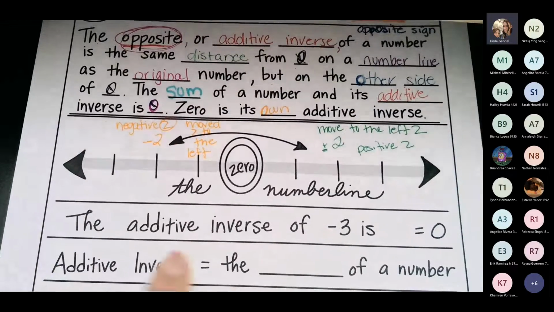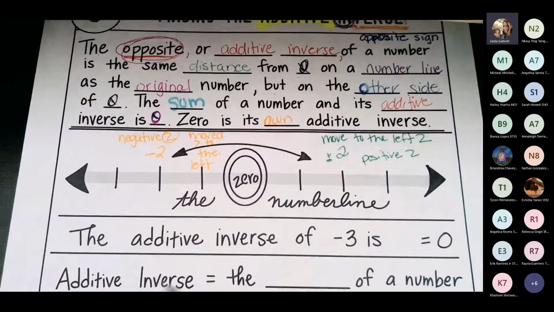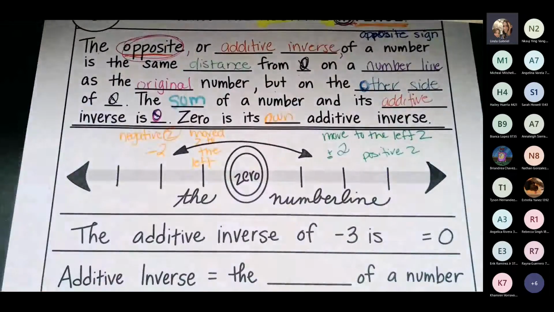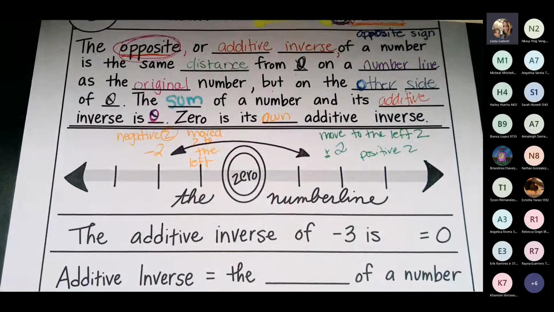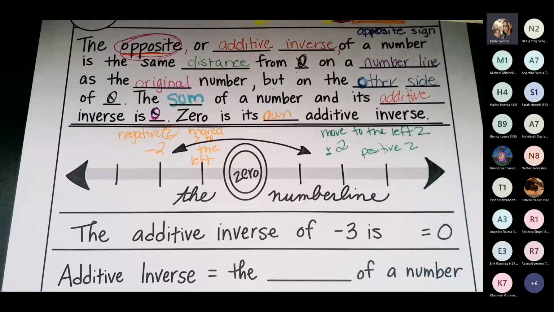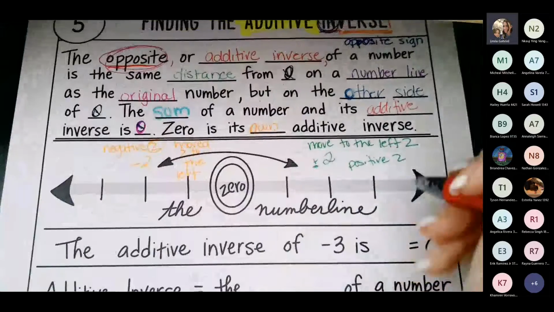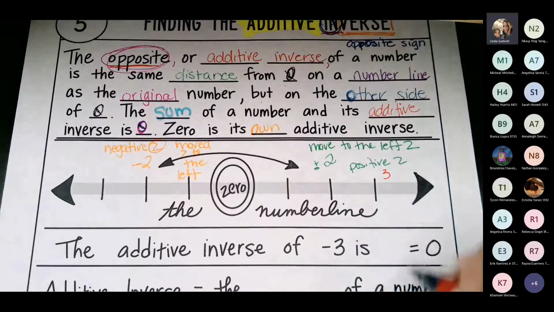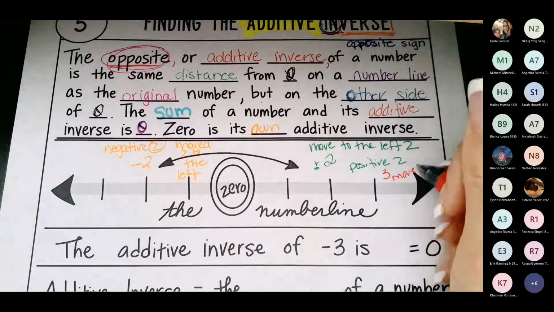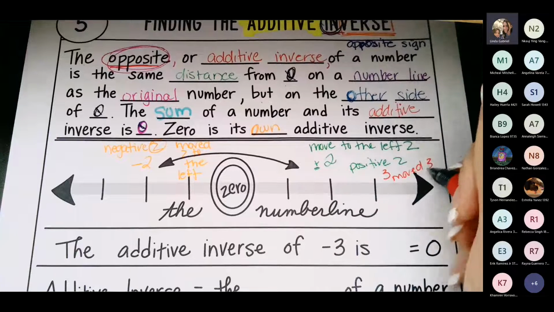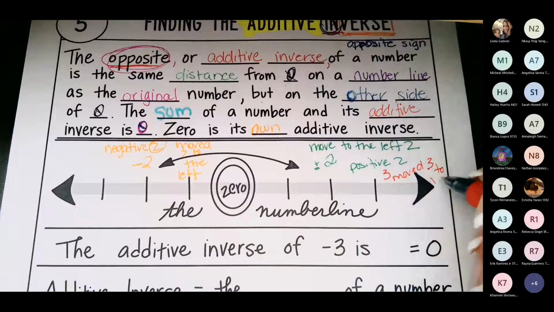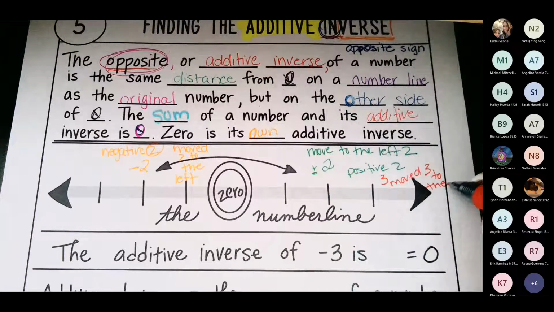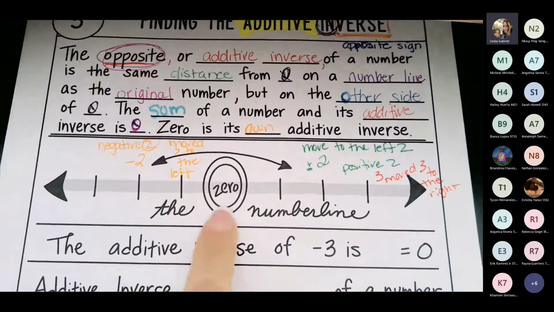So on my example, I did 3 last time. So let's do 3 as an example as well. So if I have 3 here, I moved 3 to the right. So that means starting at 0, I'm going to move 3 to the left to find my additive inverse.